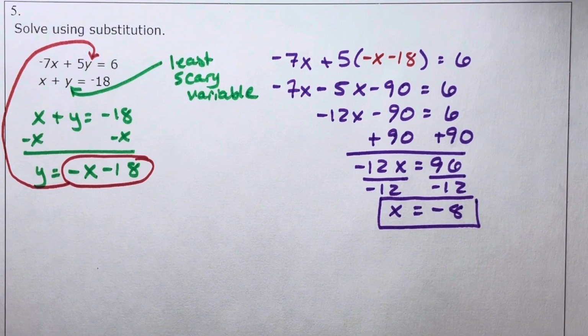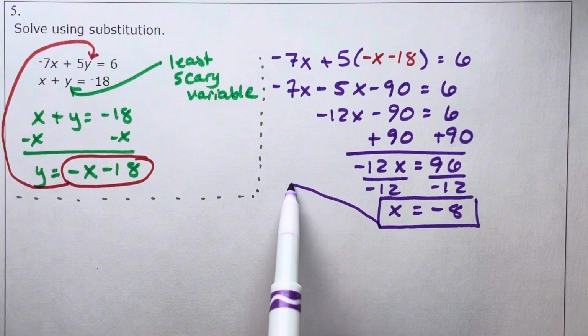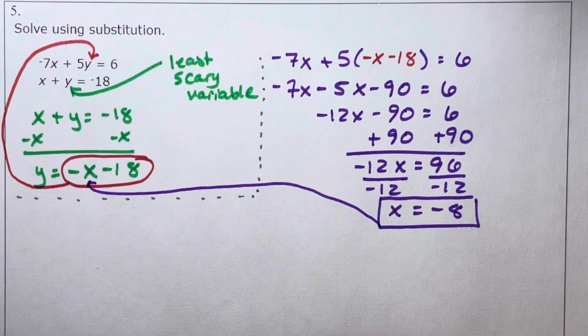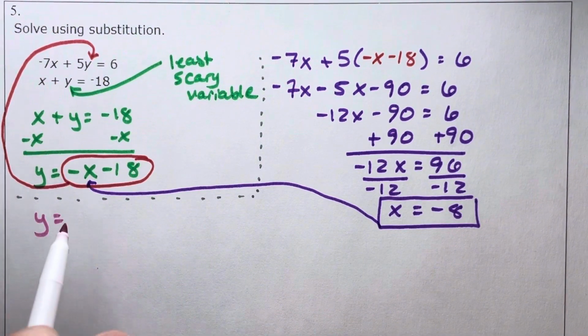Excellent. Fantastic. Okay, now we can use that information to go ahead and solve for y. From the introduction, we saw that once you found the value for one of your variables, you're going to substitute that into your other equation, your circled equation, and solve for the remaining variable.